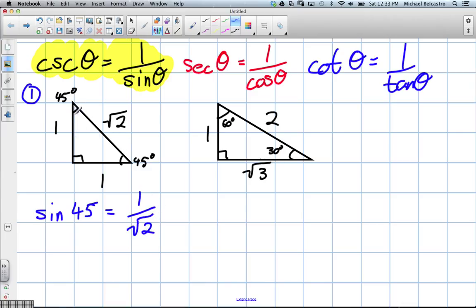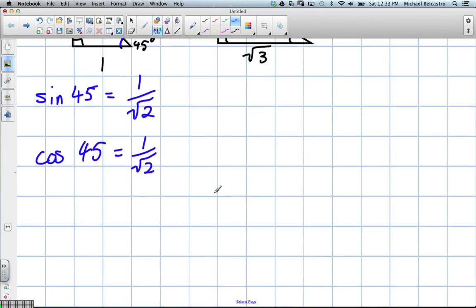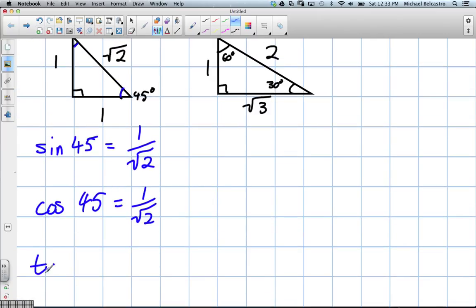No, because they're both 45 degrees. So they're going to be identical to each other, which means cos 45 will give us what? 1 over root 2. Identical, right? Because the two side lengths are the same. And then tangent for this same triangle, tangent will give us what? 1 over 1. Exactly. It'll give us exactly 1.